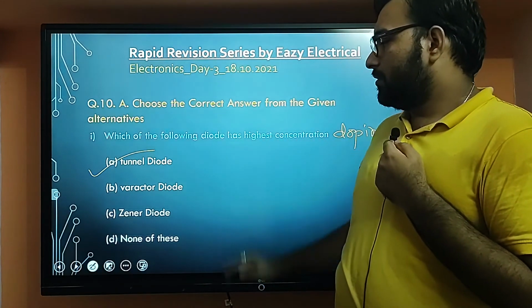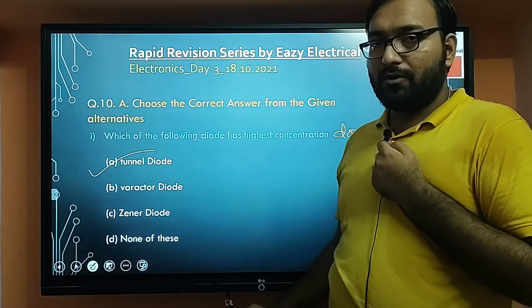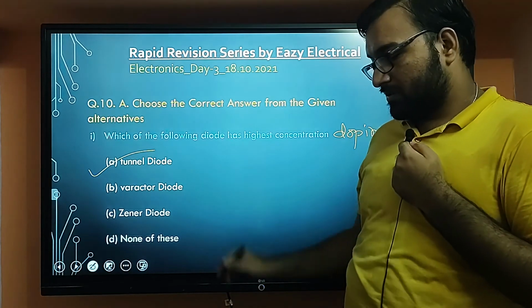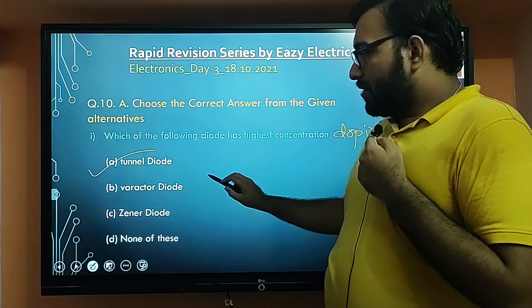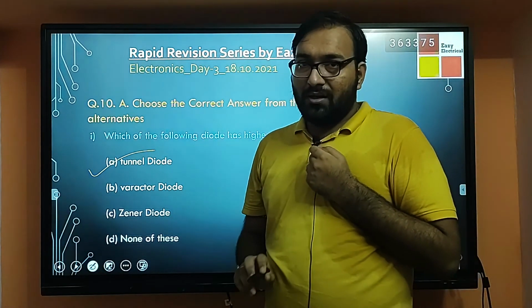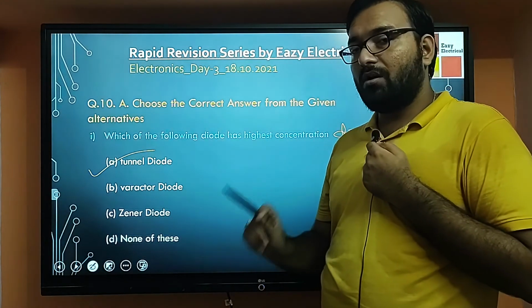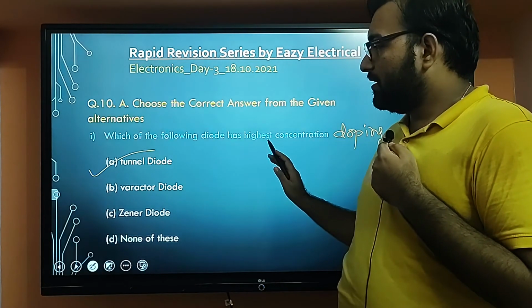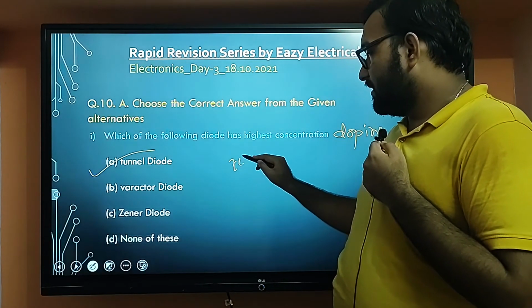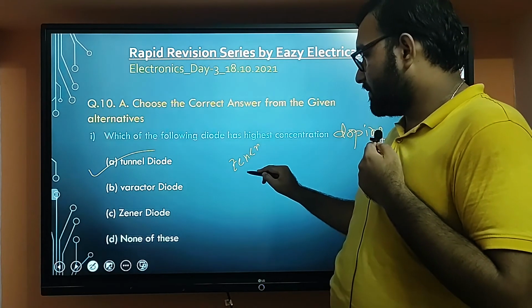One of the important questions I'd like to mention here, just write in the comment box: which diodes are operated in forward bias and which diodes are operated in reverse bias? As I have already said, the Zener diode is operated in reverse bias, right?